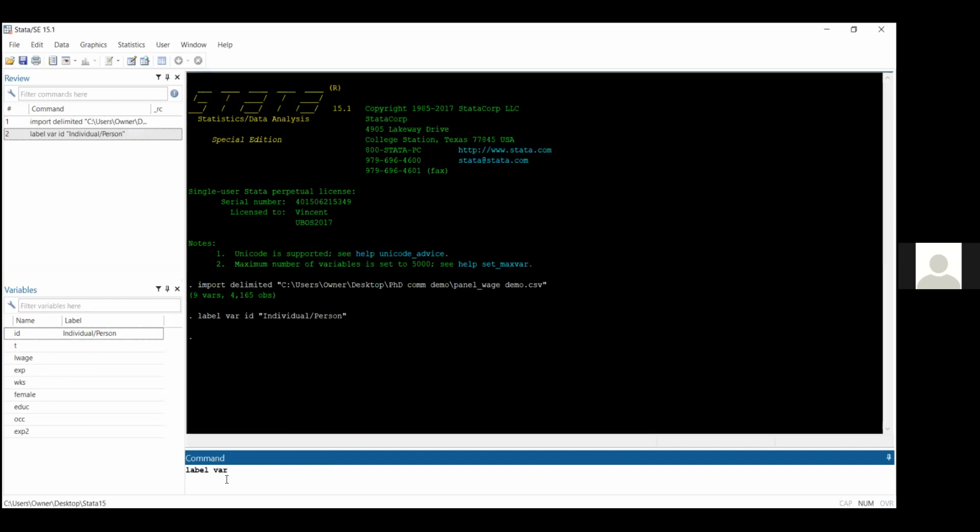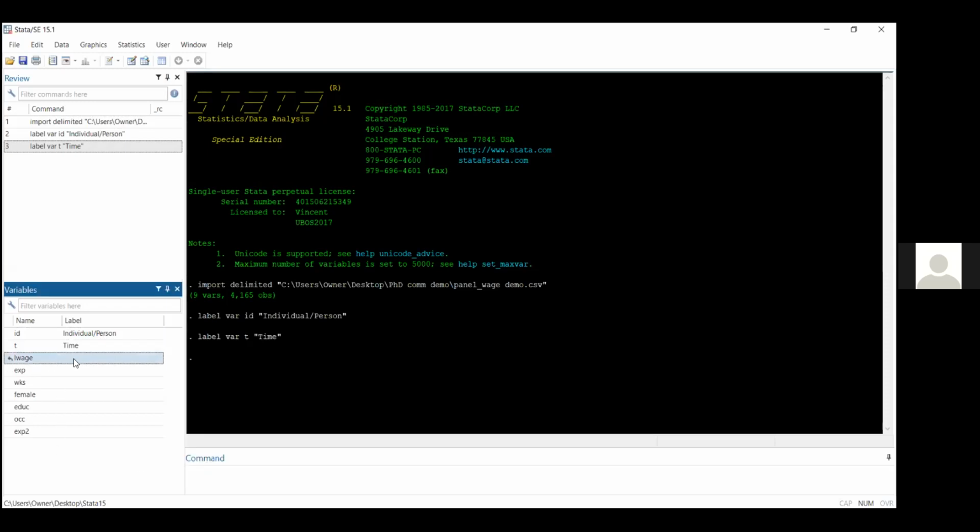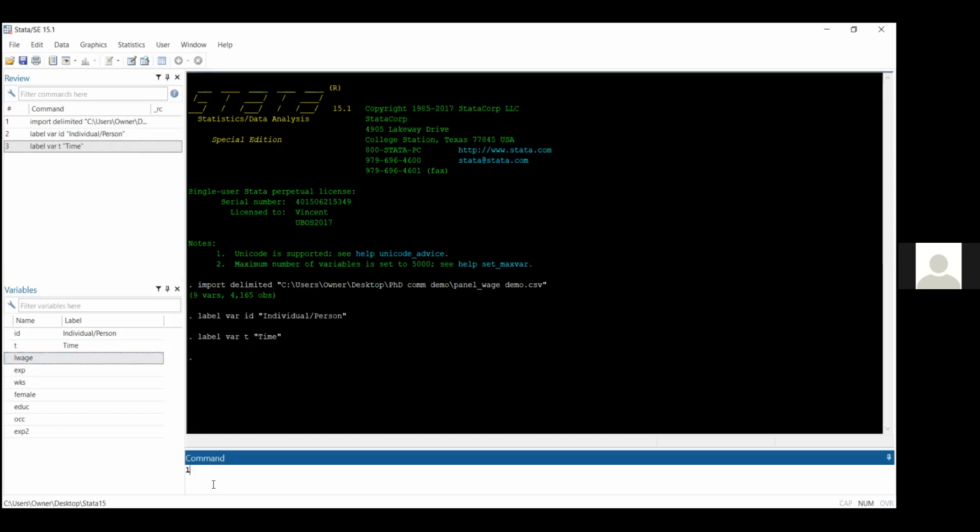I'll label the variable which you are seeing as T, and I'm just going to call it time, so that it also has a meaning here. And then I label the variable which you are seeing as L wage. I'm going to call it log of wages so that we can understand what we are working with.